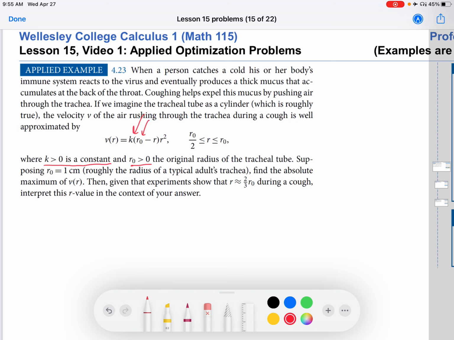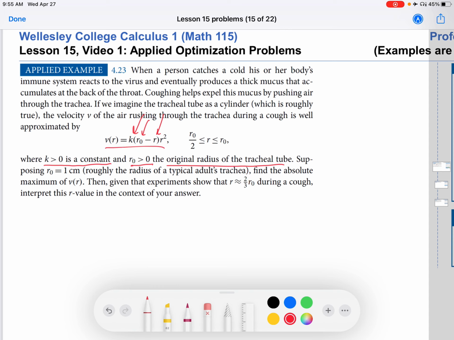R sub 0 is also another positive constant, the original radius of the tracheal tube before it changes, when you cough, that's what part of the problem is asking you to investigate. Eventually the radius is going to contract to 2/3, less than 1, of its original size. So that's one of the takeaways of the problem.